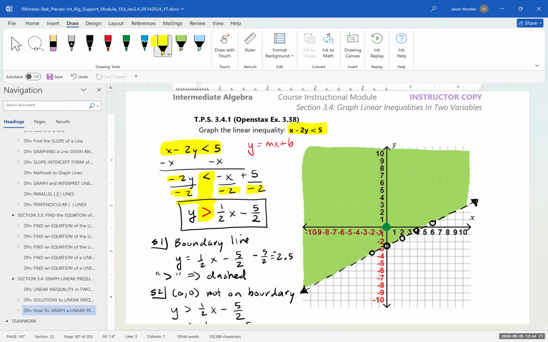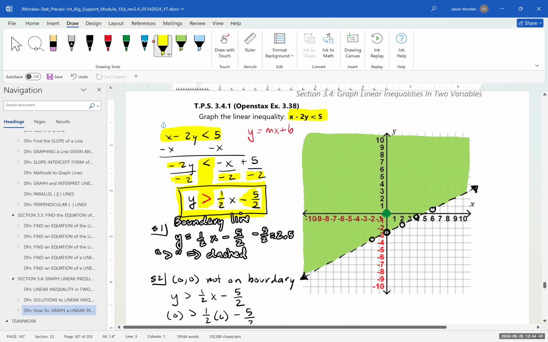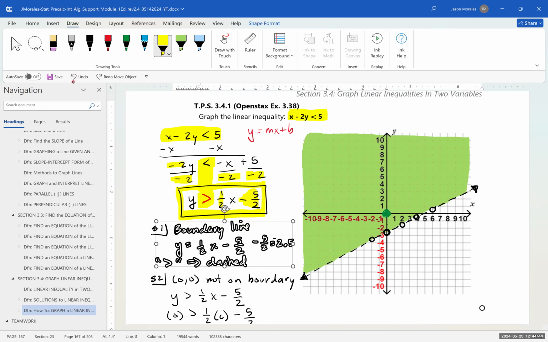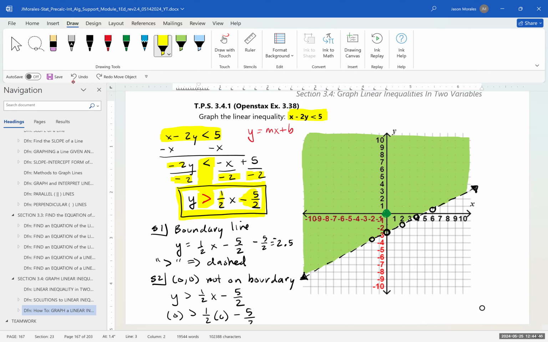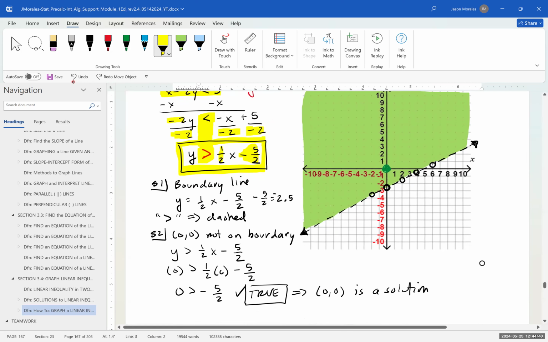All right. So this becomes the slope-intercept form of the inequality that we started with. And so we've got a slope of +1/2, a y-intercept of -2.5. And so we now find our boundary line.